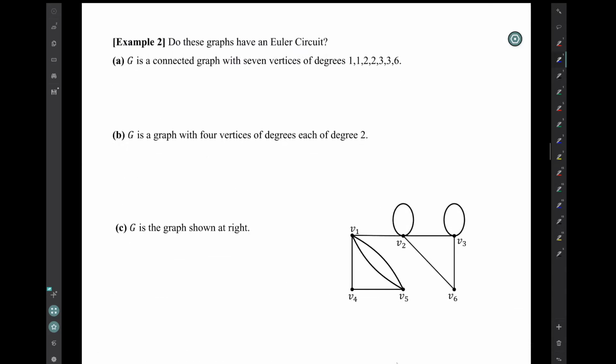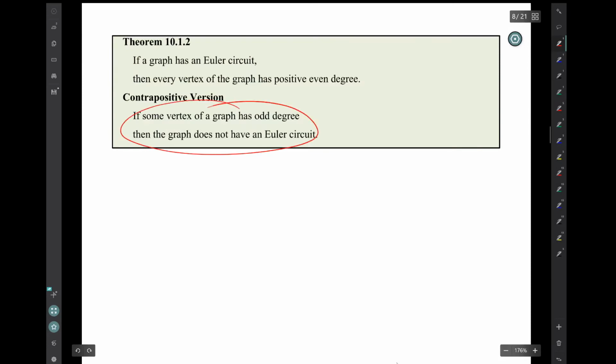So, for example, do these graphs have an Euler circuit? Graph G is a connected graph with 7 vertices of these degrees. Well, we see that there are 2 vertices that have odd degree. Theorem says if some vertex of the graph has an odd degree, then the graph does not have an Euler circuit.